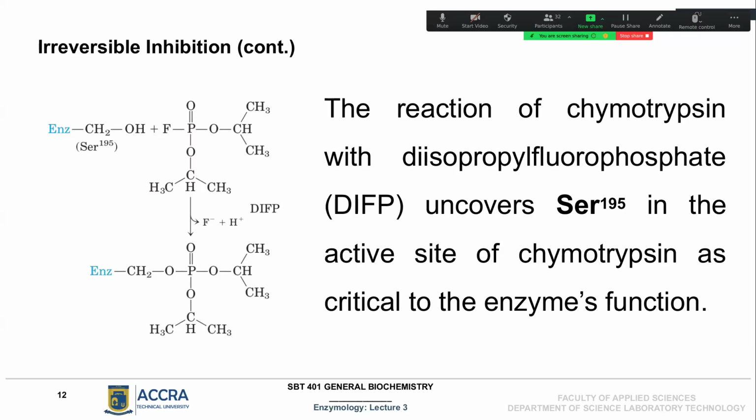So there is that specificity with that bond, which is between any amino acid and an aromatic amino acid. That is the specificity we saw when we were looking at specificity of enzyme action, and we saw that with chymotrypsin.